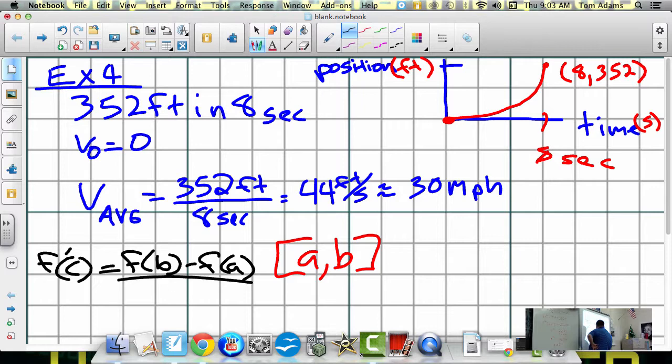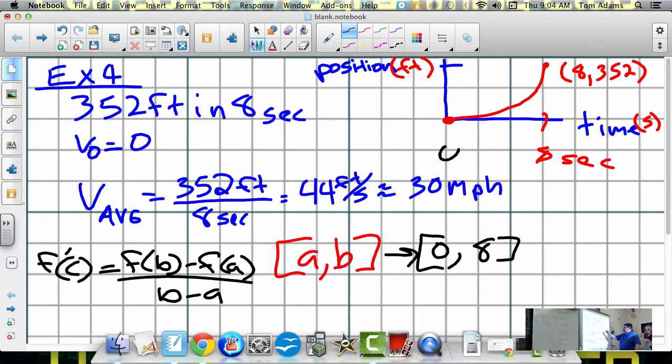And so on the left-hand side, f prime of c is like an instantaneous rate of change. It's the slope of the tangent line at a point. Where this, f of b minus f of a over b minus a, that's like an average rate of change. So if my interval is the independent variable, which is time, right, because the position is dependent upon time, it should be from 0 to 8.